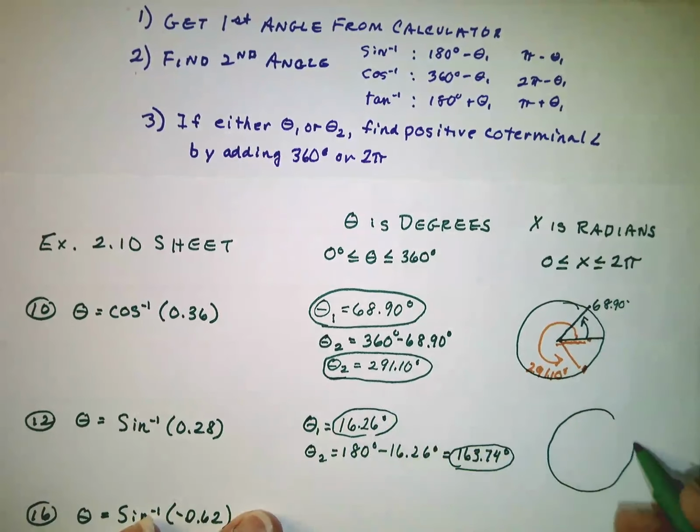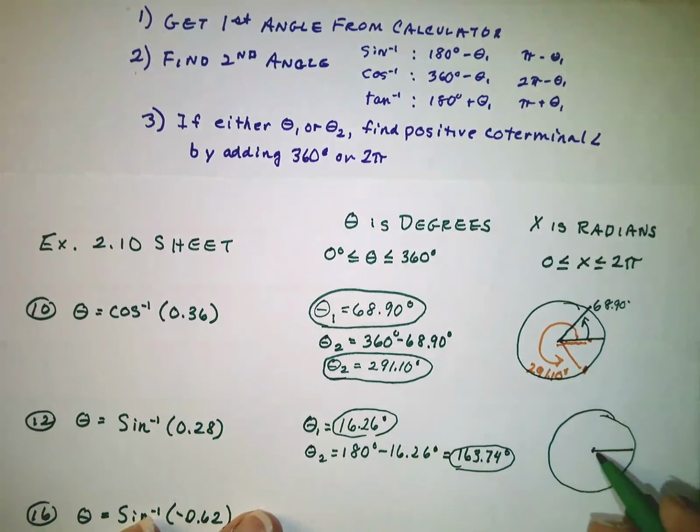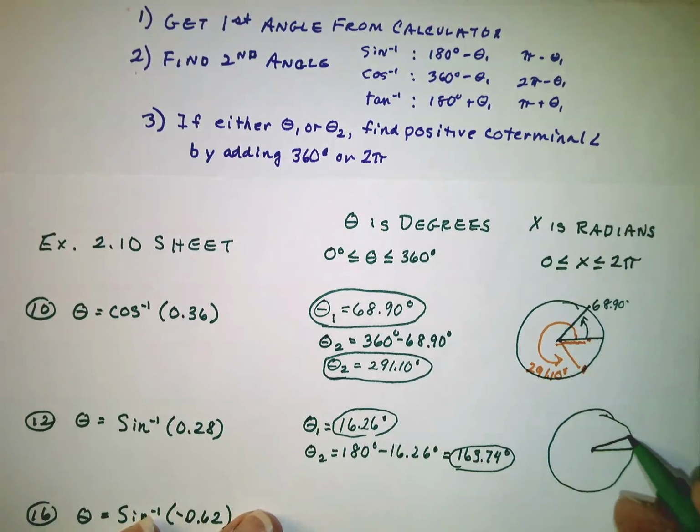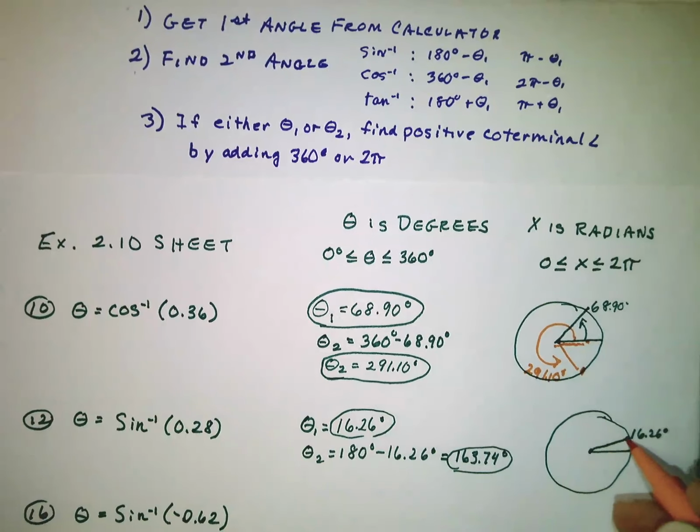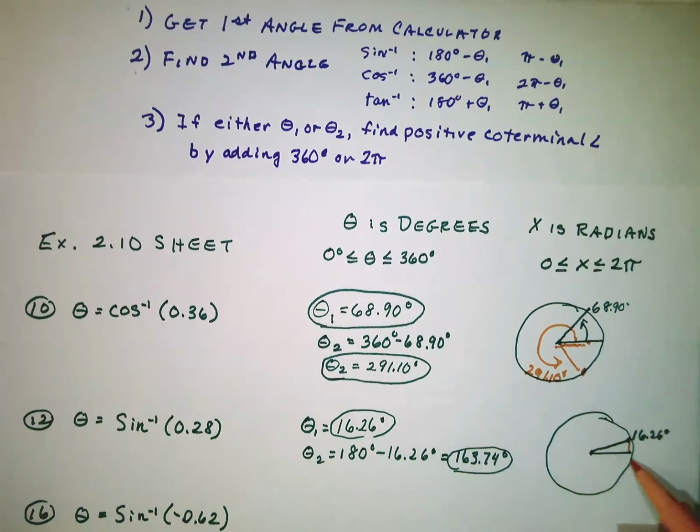We can check. 16.26 degrees is not really big. But there should be another angle on the circle with the same sine value. And the sines are the y's, the distance above the origin or below.